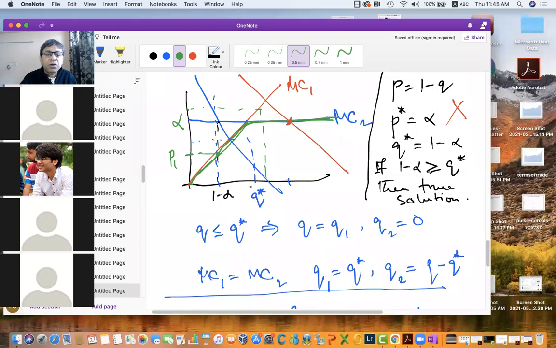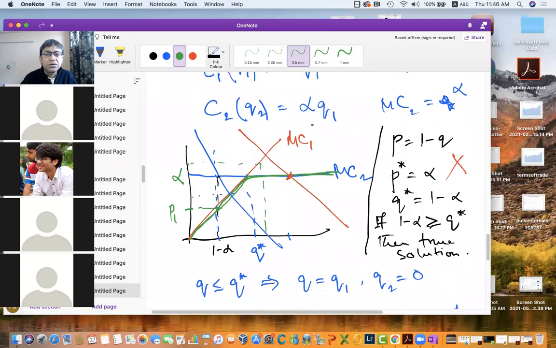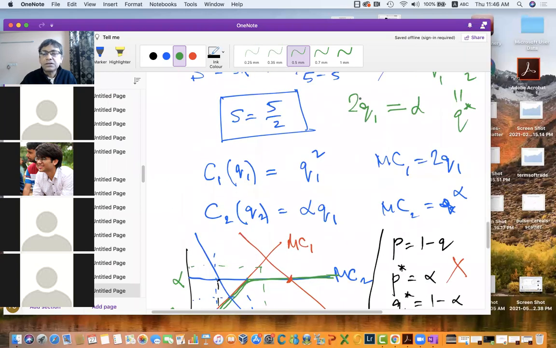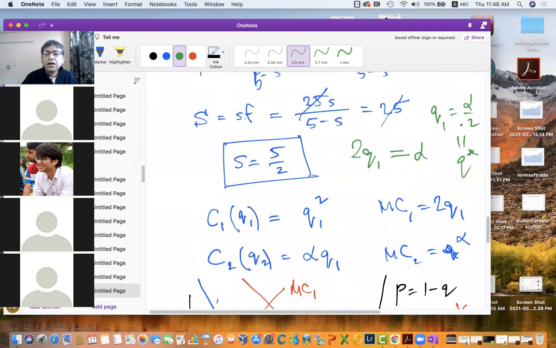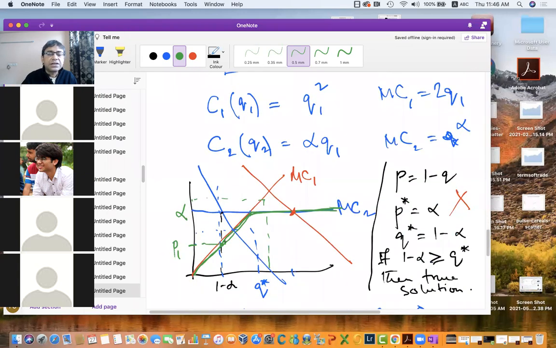So at what quantity does the other marginal cost assume the value alpha? You know the equation of this MC1. It's 2Q, right? So at alpha by 2 we have this intersection. So Q star is equal to alpha by 2. Got it, sir. Thank you.